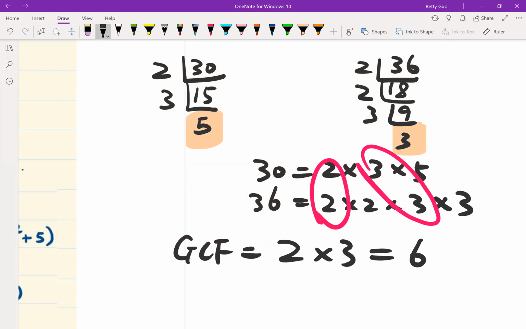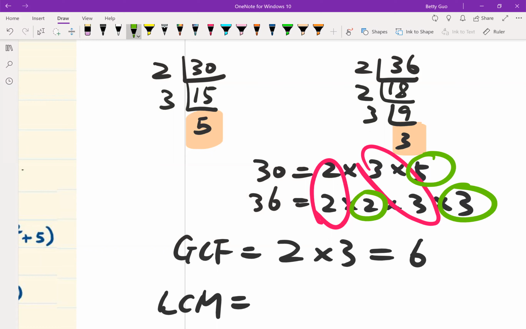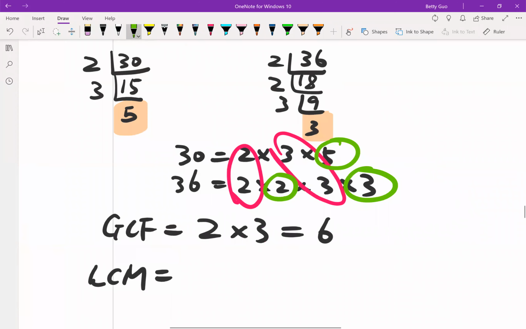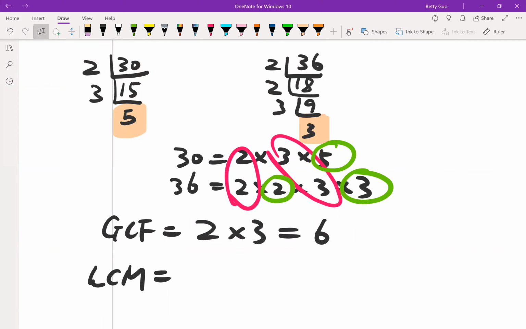For LCM, you're going to do more. Besides the red bubbles, you're going to have green bubbles. Bubble the leftover factors in the two factorizations. So for LCM, you're going to copy all the factors in the bubbles. But when it comes to common factors, you only write once.